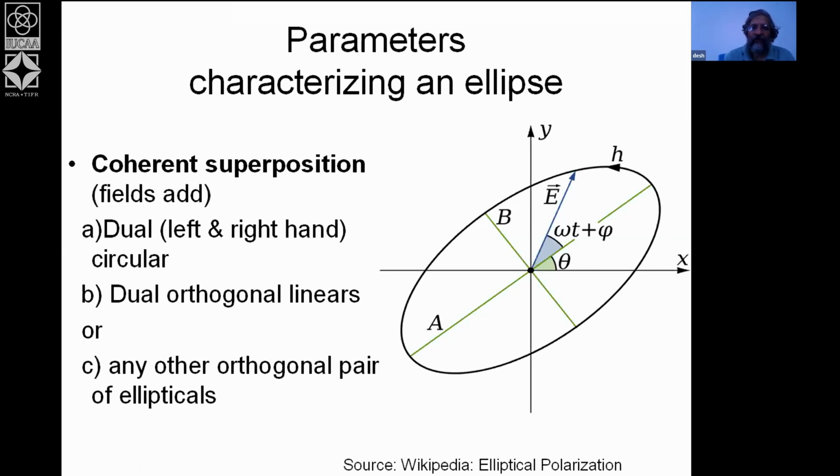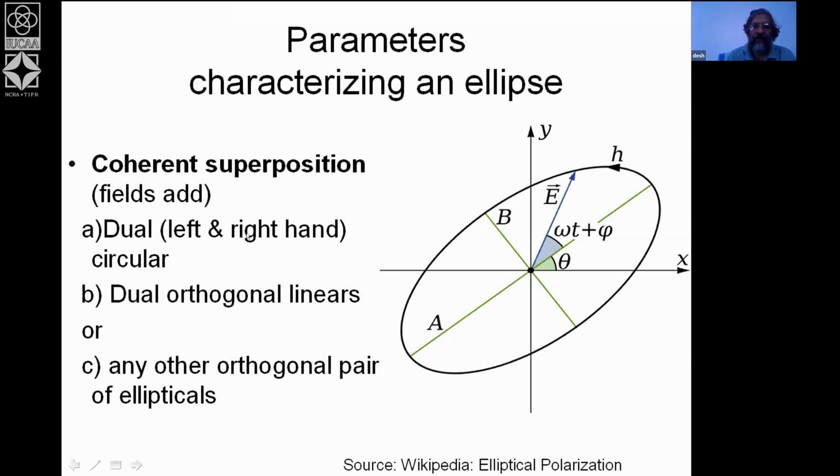And so that ellipse, its shape and its orientation, would depend on the relation that the oscillation along the xz plane and the yz plane would have, both in terms of their relative amplitudes and the relative phase.